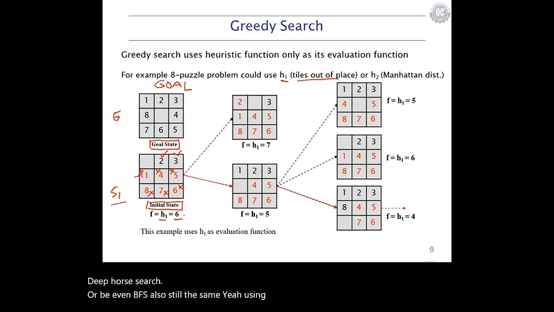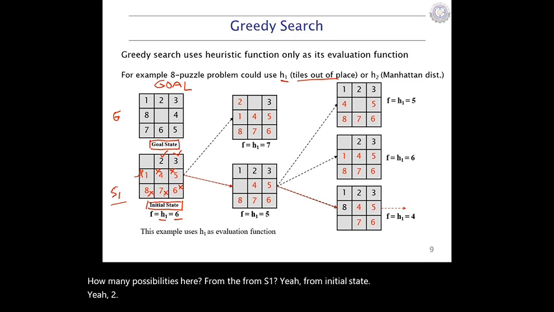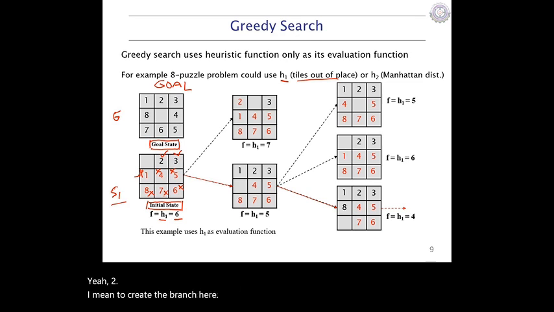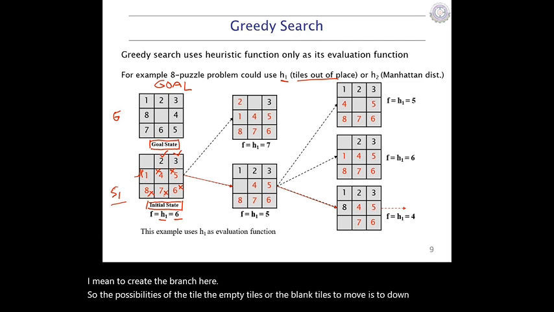So how many possibilities do we have here from S1, from the initial step, to create the branch? The possibilities of the blank tile to move is down, right, and to the left, isn't it?